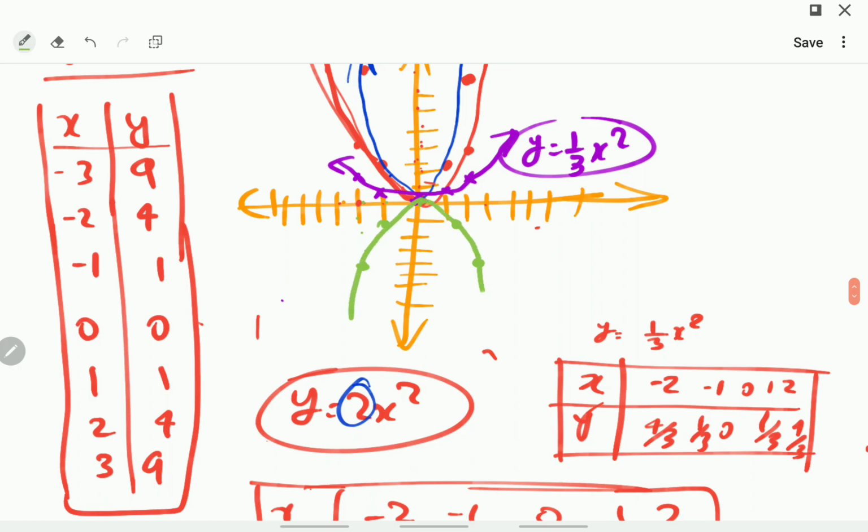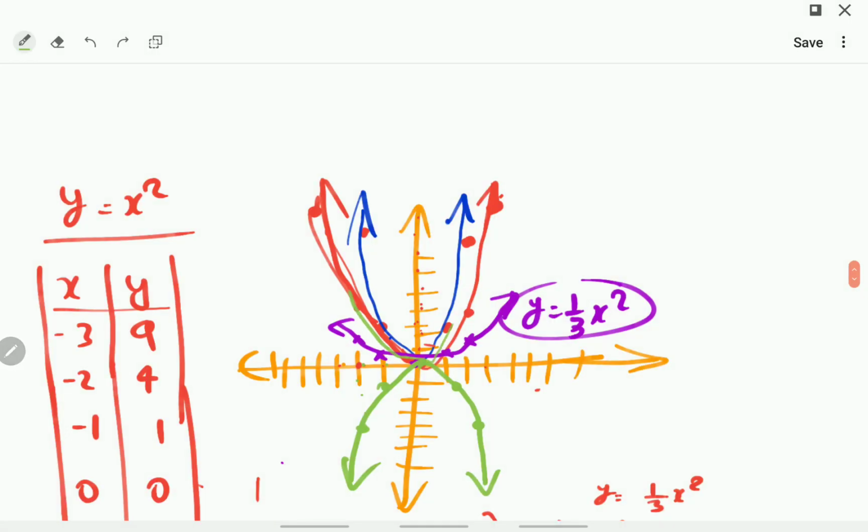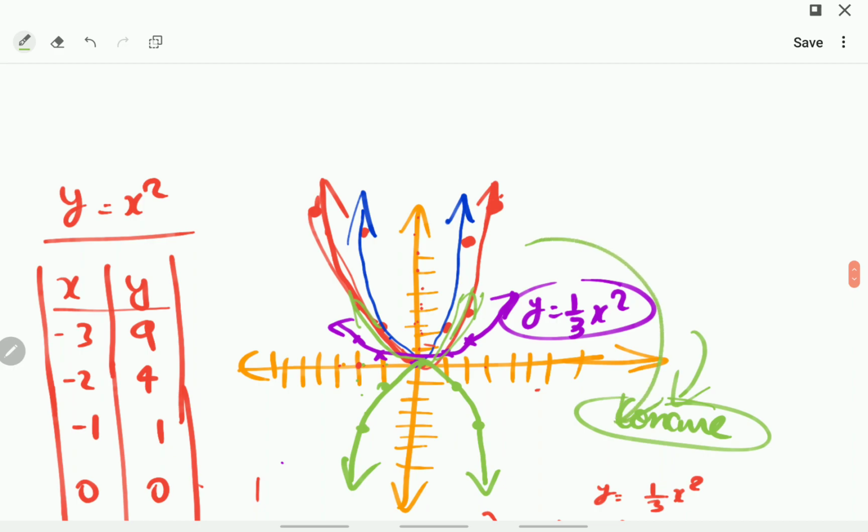We get the exact same graph as this red one, which is y is equal to x squared, except it's facing down. Why? Because it's concave down. So what has happened to this graph? Well, that exactly is what we call reflection.